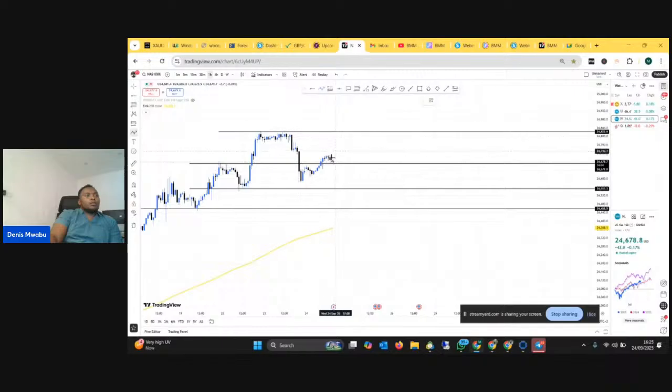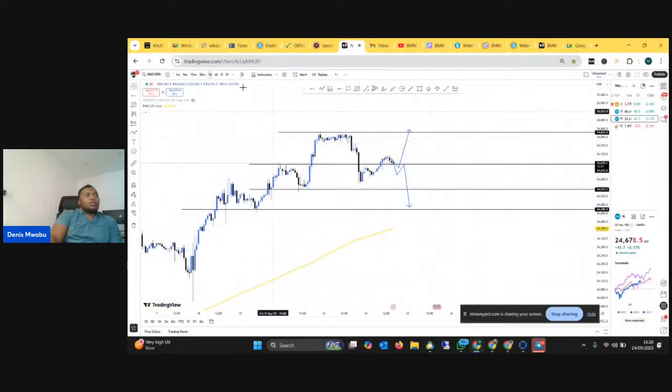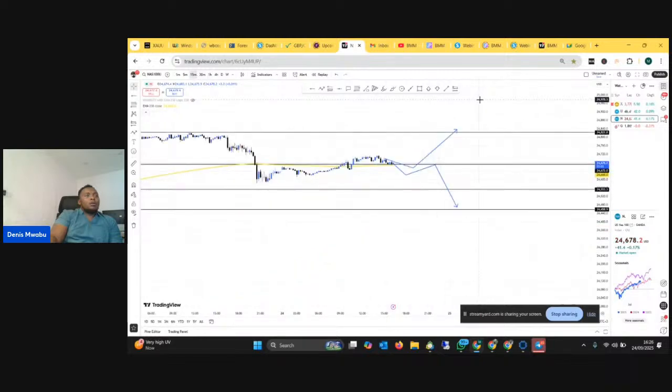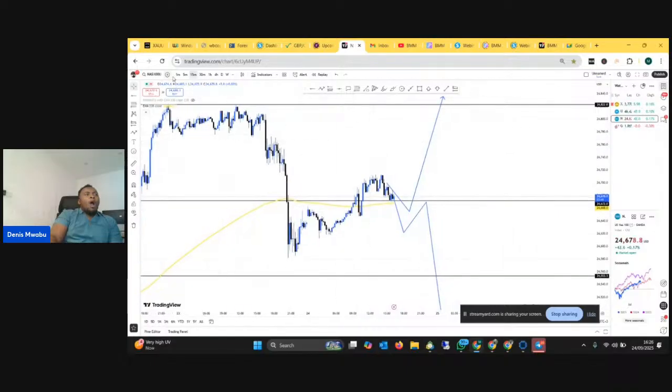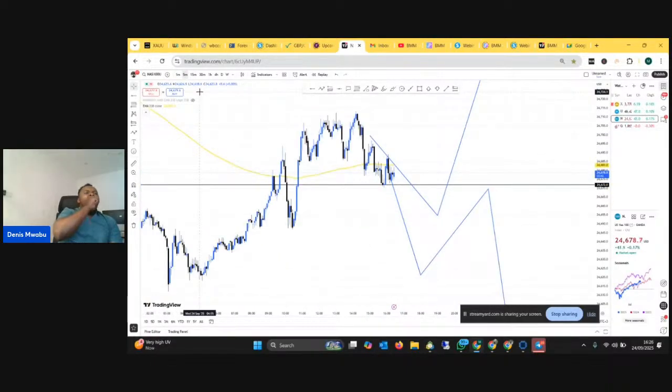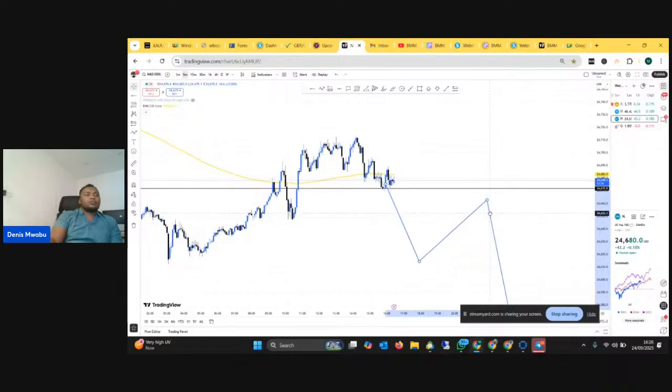So here with Nasdaq we can say we either push up or we break from below and continue pushing down. That is for the Nasdaq trade idea. So in the next 4 minutes, we'll be able to see what is happening.